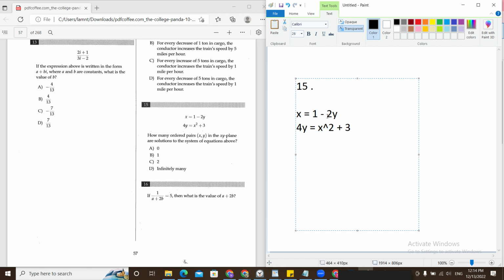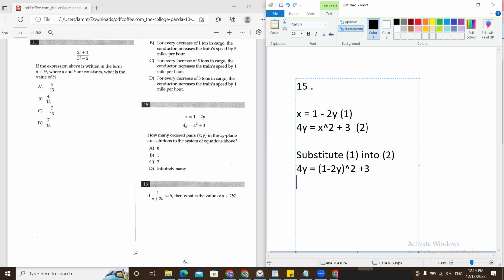Let's call the first equation equation 1 and this equation 2, and we're going to substitute 1 into 2. That means 4y is equal to (1 minus 2y) squared plus 3.